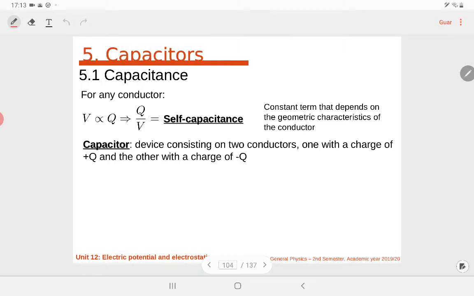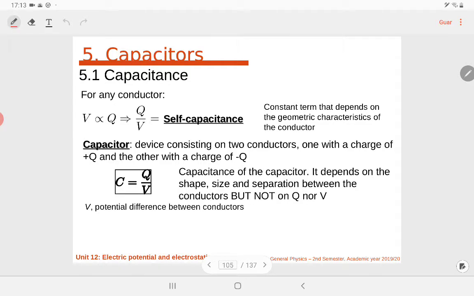Then we can describe a capacitor as a device that consists of two conductors that have the same charge with opposite signs. This one with plus Q and the other one with a charge of minus Q. For capacitors, we can show that there is a direct relationship between the amount of charge stored in the capacitor and the difference of electric potential between both conductors.